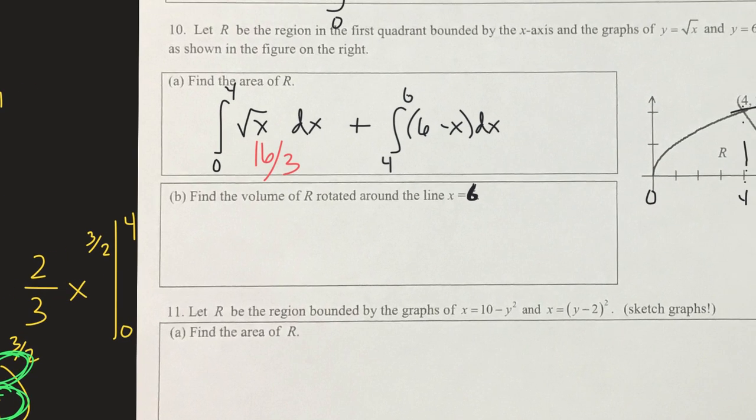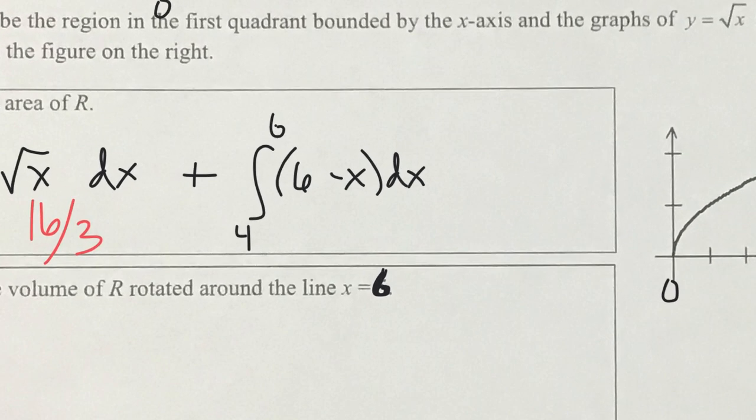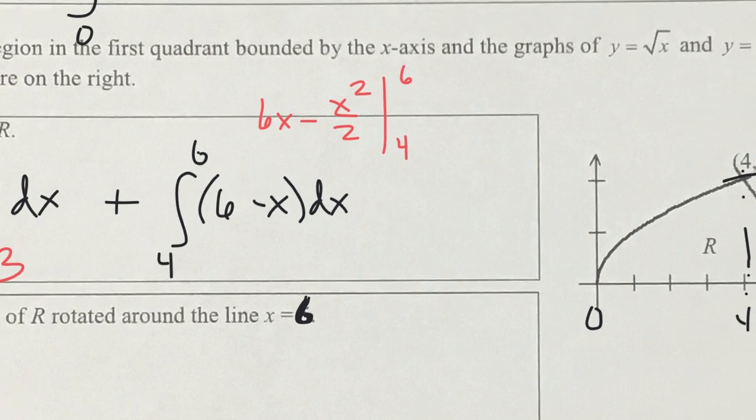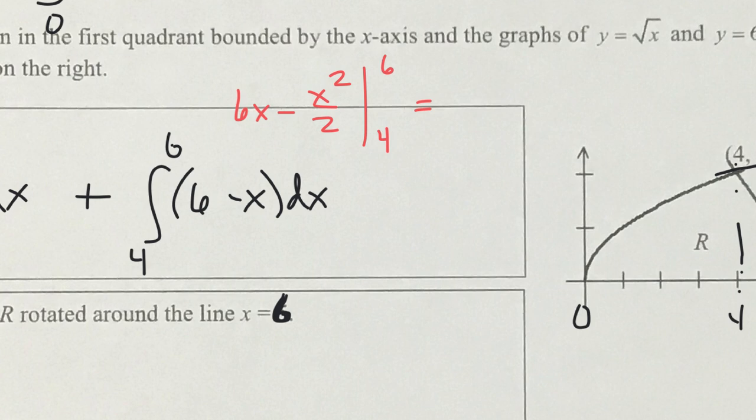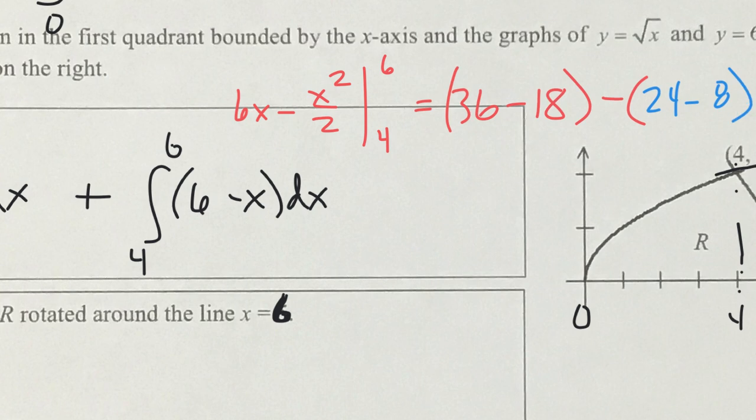And now 6 minus x, that one's pretty good. That's just 6x minus x squared over 2, evaluated from 6 to 4. This is a non-calculator problem, so we're doing this by hand. 6 times 6 is 36 minus 18, when you square 6 and divide by 2, minus 6 times 4 is 24, minus 4 squared is 16, and 16 divided by 2 is 8.